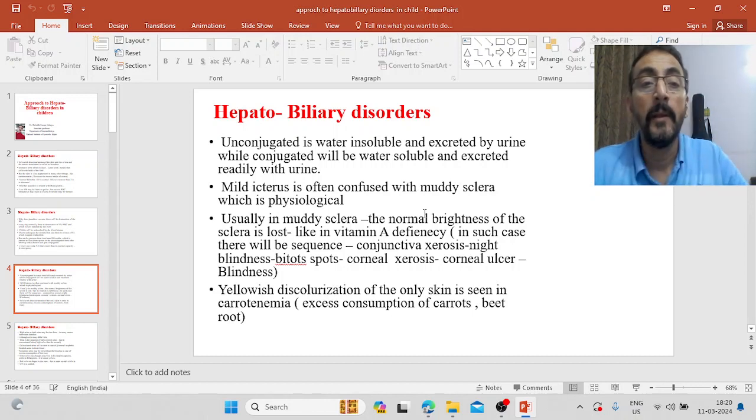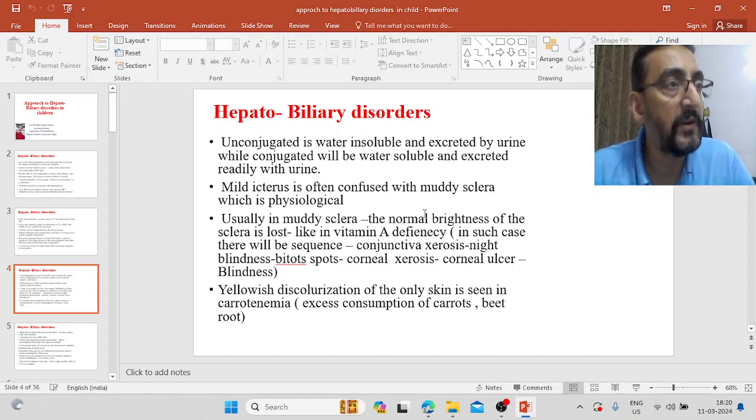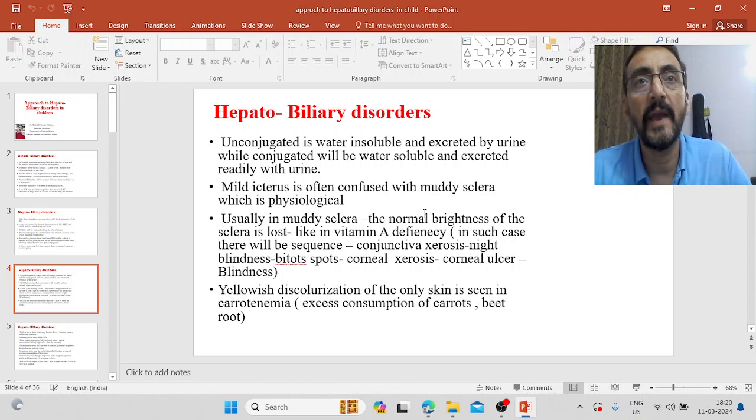Now, mild icterus or mild jaundice-like presentation, as I told, can be seen in carotenemia, from excess consumption of carrots and other vegetables containing yellowish pigmentation. But there is another important condition called muddy sclera. What do you mean by muddy sclera?